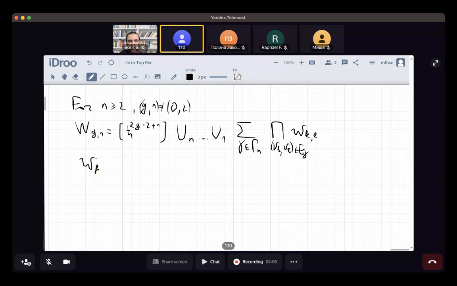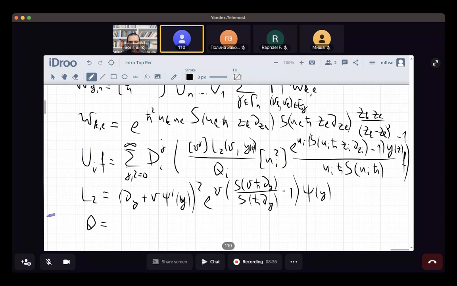And that's it. And Q is just z over x dx over dz, which is equal to 1 minus z y prime of z psi prime of y of z.